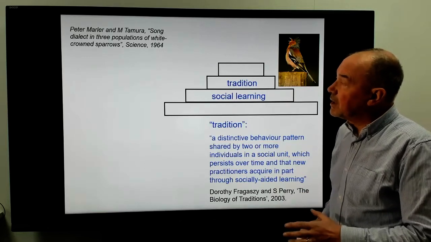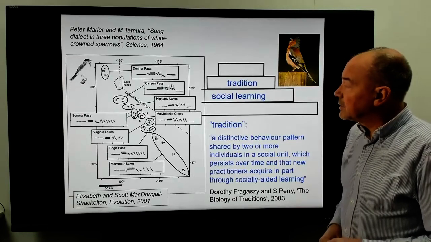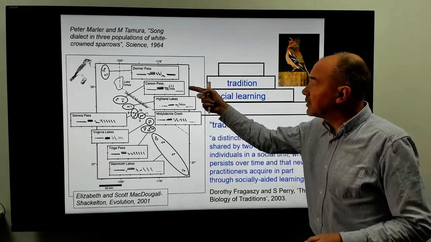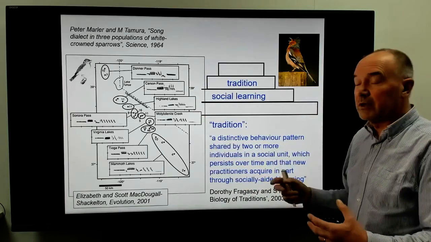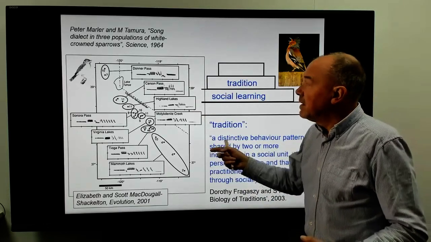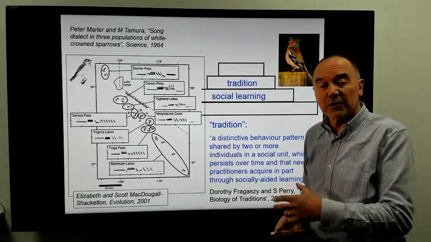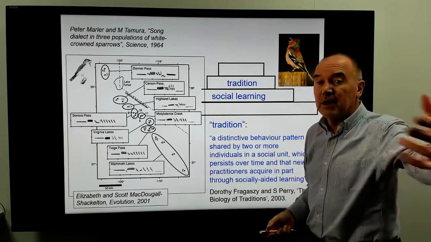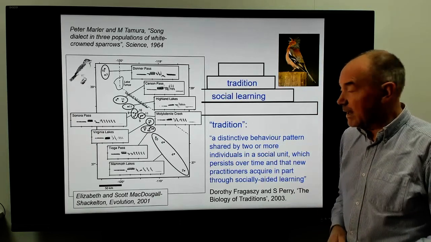I'm going to illustrate that with a slightly later study, but I think this one's nice because you can see from the spectrographs that all of these songs are identifiable as the songs of the same species, but they vary. They have different dialects, just as of course human populations across some large region also have different dialects.